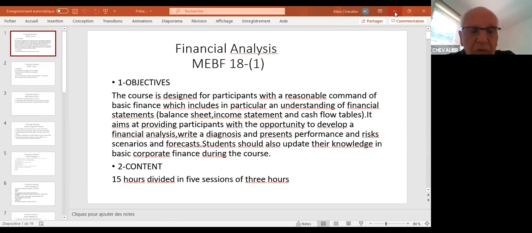Point 3, we spent time on the balance sheet presentation, balance sheet structure, balance sheet calculations, and we went through the main equilibriums, representation of the 3 main equilibriums, the net working capital, operating working capital, and what we call the cash or treasury equilibrium.